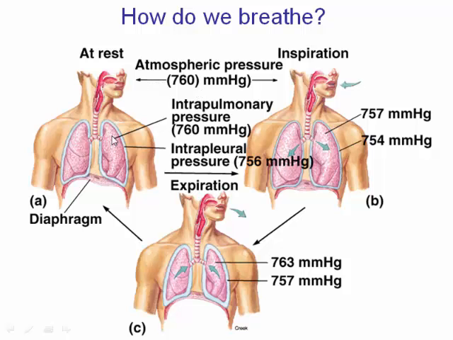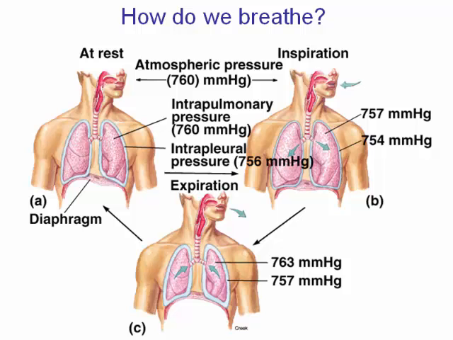The intrapulmonary pressure is 760, and the intrapleural pressure in this case is 756. Now, you want to take a breath in, so you have to contract the diaphragm, make it more flat, and open up the rib cage with the intercostals. They have to pull so that the thoracic volume increases.